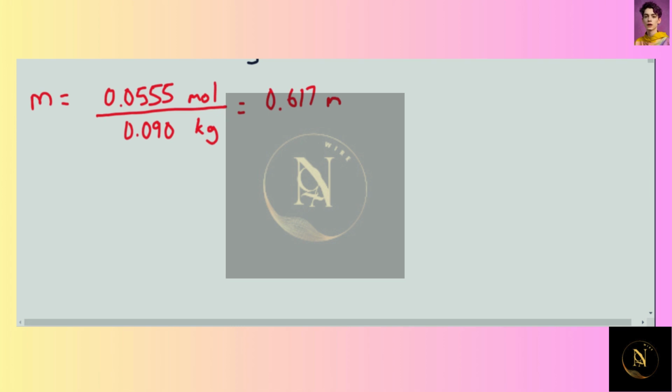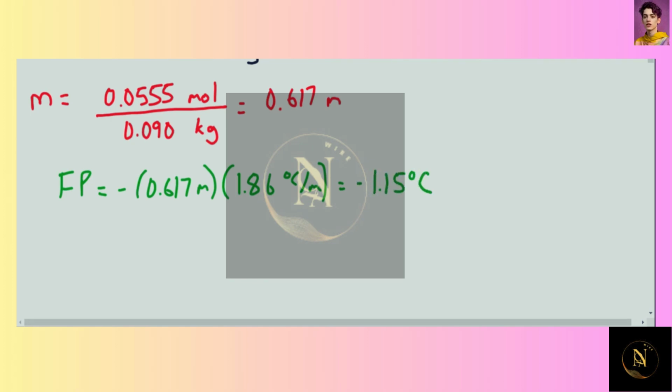So we can calculate now the freezing point. So the freezing point change will be equal to this molality. We ignore the Van 't Hoff factor since it's glucose and will not dissociate. So we multiply the molality by the freezing point constant, and we get a value of negative 1.15 degrees Celsius.